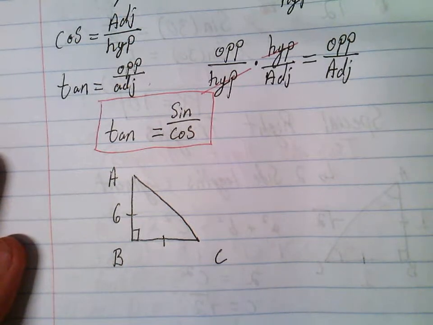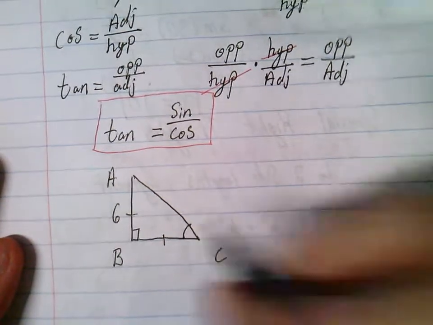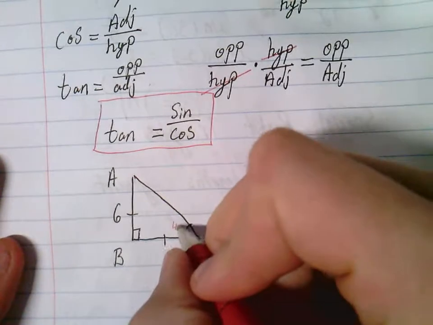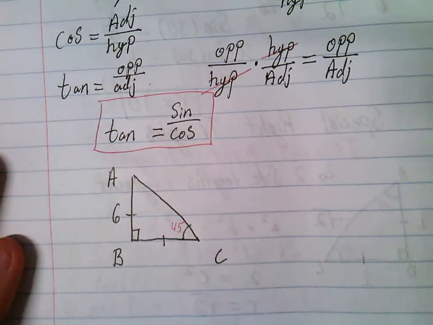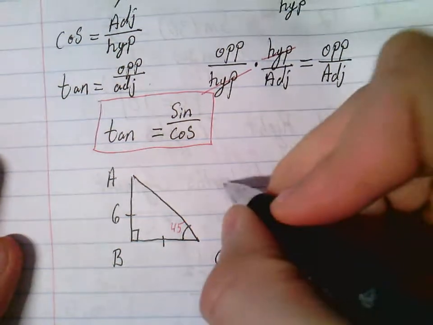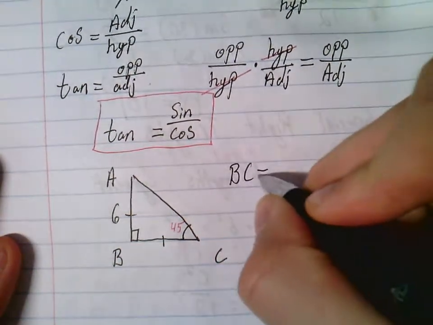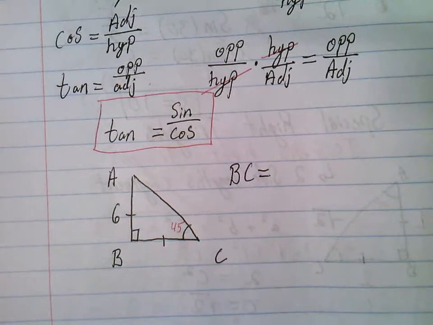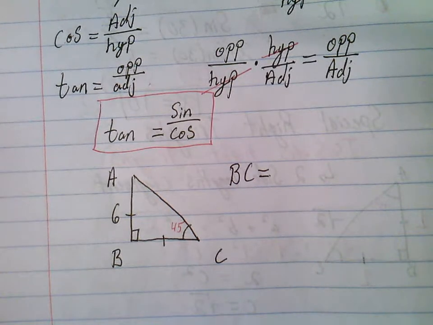Okay, if that's 6, we also know that these are 45. So this is a 45 in here. What is BC? Good, thank you. BC will be 6.